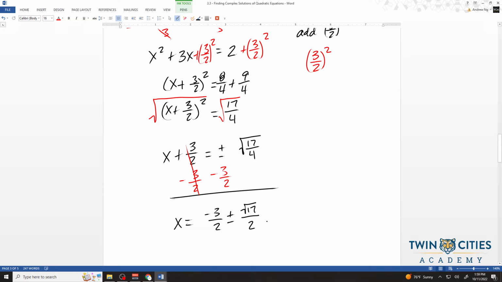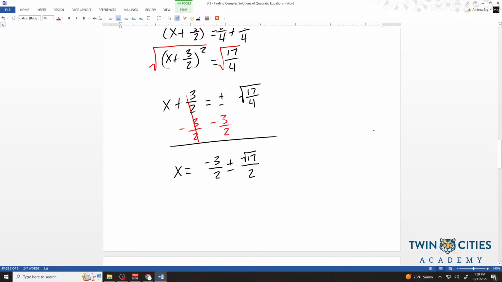So I would accept this answer, negative 3 halves plus or minus the square root of 17 over 2. Or you can go one step further and say x equals, since this is a fraction with denominator 2, this is a fraction with denominator 2, we can say negative 3 plus or minus the square root of 17 all over 2.